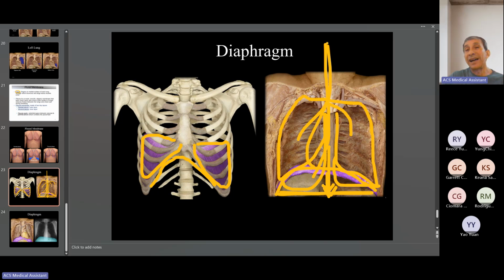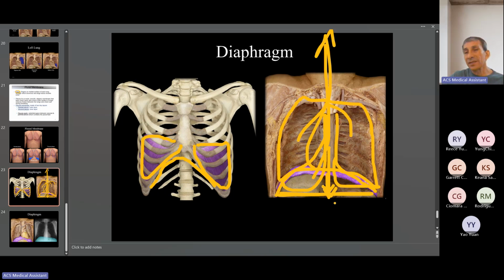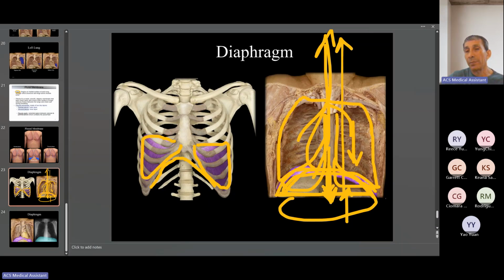When we breathe out, this muscle goes back again to its normal round shape. Because pressure increases here when I breathe in, it pushes the diaphragm down. When I breathe out, pressure within the abdominal area increases, so it forces the air to go up because it pushes the diaphragm up. That's how it works.